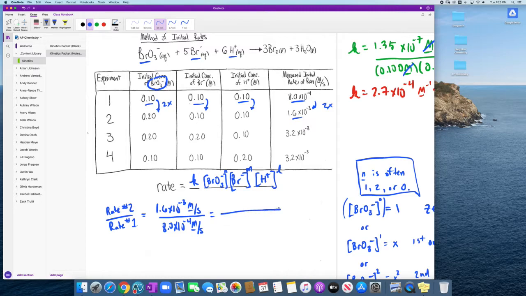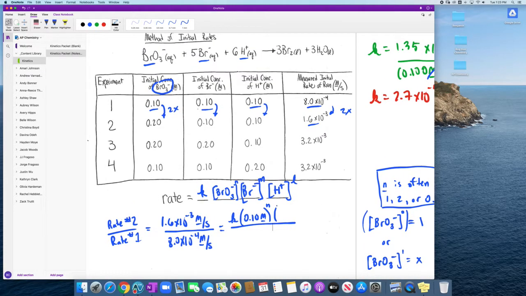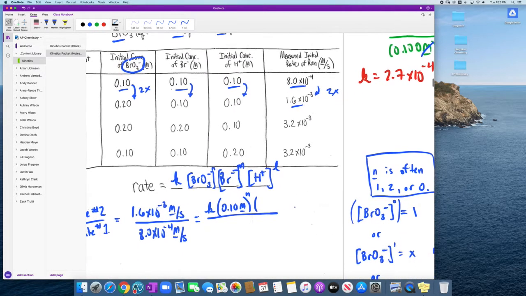We set that equal to the rate law with the values plugged in. We don't know what K is yet, so we just leave it there. Plug in your values, 0.10 molar raised to the n power times, let me zoom in a little bit so I can maybe hopefully write a little smaller here.